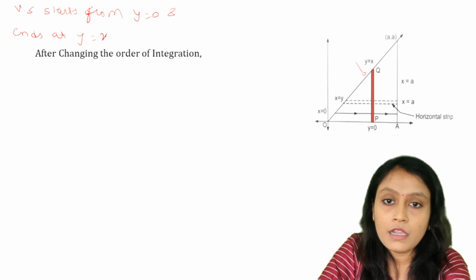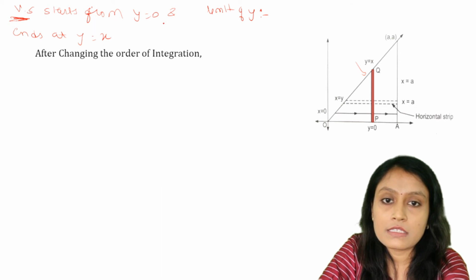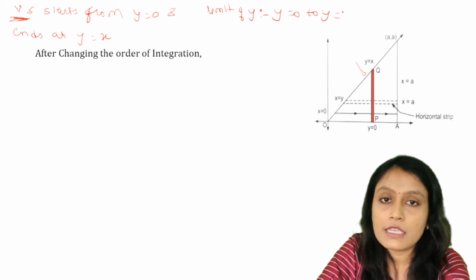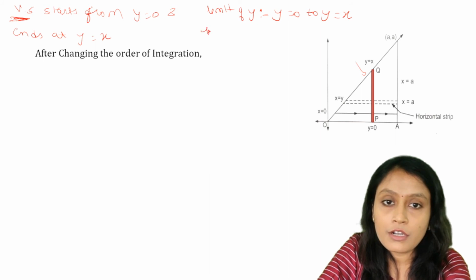Now we have this vertical strip. Firstly we will write the limit of y from this statement only, so y is equal to 0 to y is equal to x. Now what remains is the limit of x.